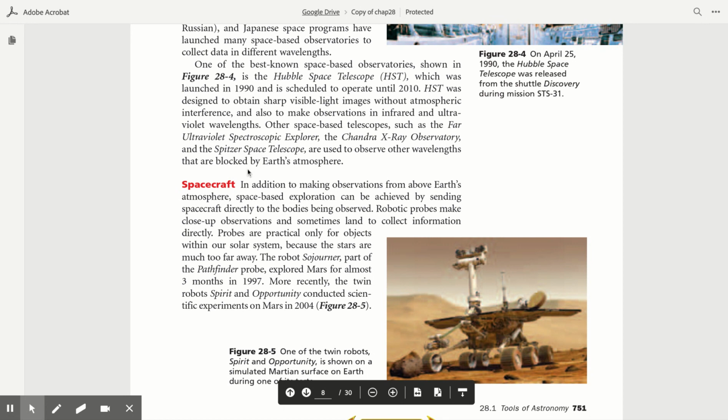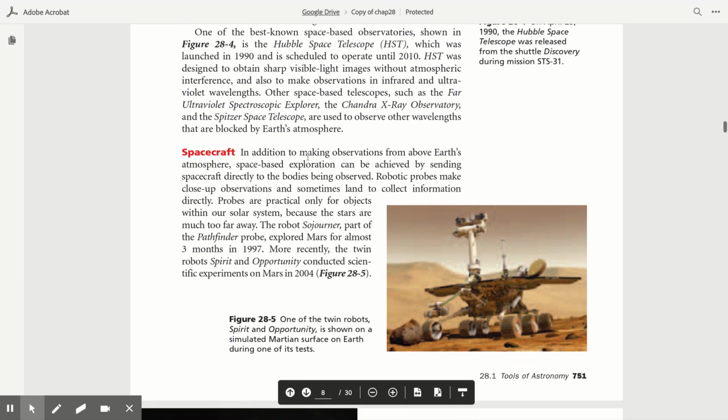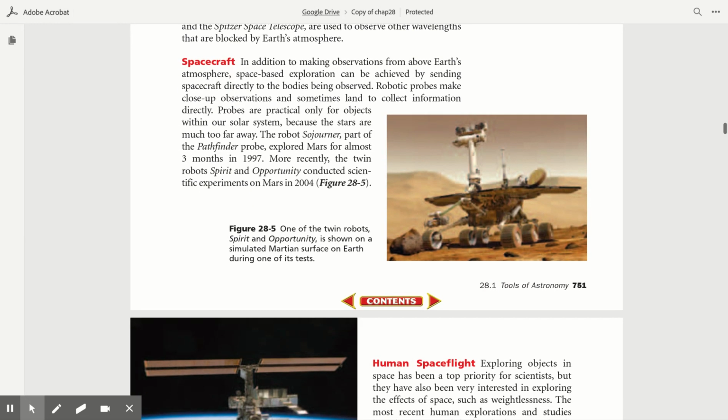Other space-based telescopes, such as the Far Ultraviolet Spectroscopic Explorer, the Chandra X-ray Observatory, and the Spitzer Space Telescope, are used to observe other wavelengths that are blocked by Earth's atmosphere.